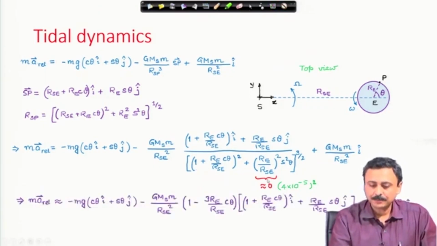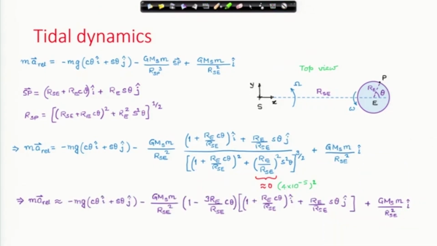Therefore, if I drop that, then what I am left with in this denominator is this term to the power 3 by 2. Therefore, I will have 1 plus R e by R S e cos theta to the power 3, because there is 3 by 2 and there is a square here.